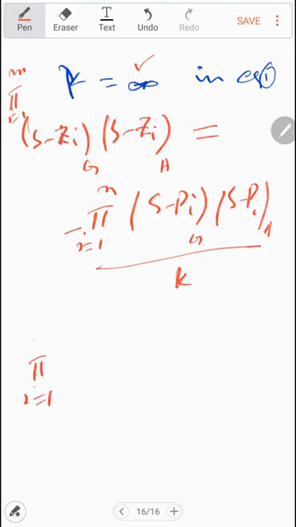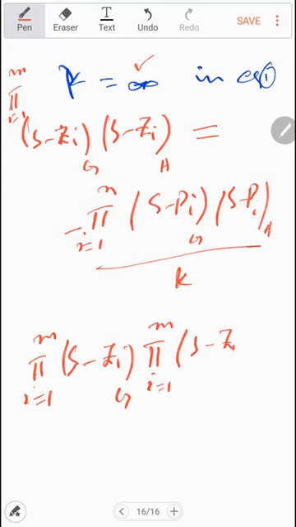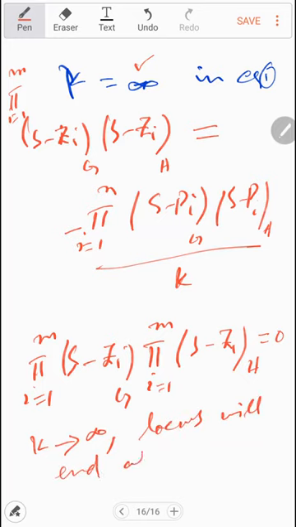Product for i equal to 1 to m of s minus zi of the open loop transfer function. Similarly, i equal to 1 to m of s minus zi of the closed loop feedback transfer function, and this will become equal to 0, which means that when k is equal to infinity, the root locus will end at 0.